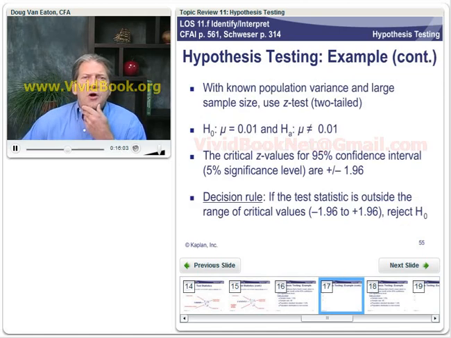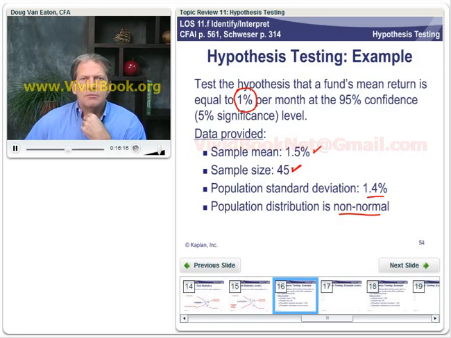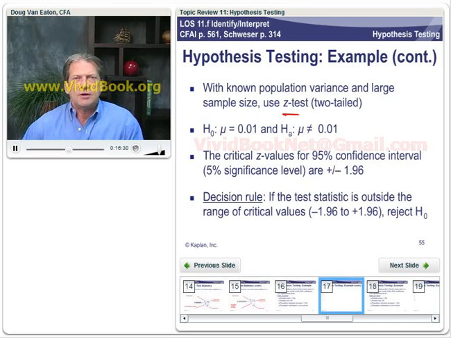So with a known population variance and large sample size, we'll use the z-test. Yeah, we have the population standard deviation. We don't have to rely on our sample standard deviation. We know the population standard deviation. So in this case, we can use a z-test.